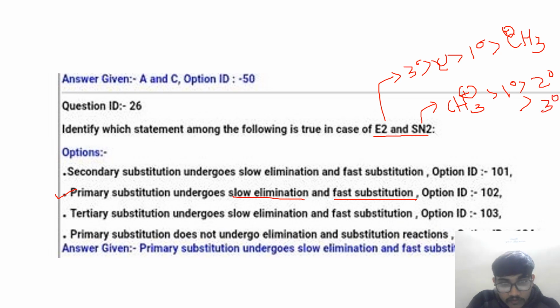Okay, I'll just mention it here. So 3 degree is at last.